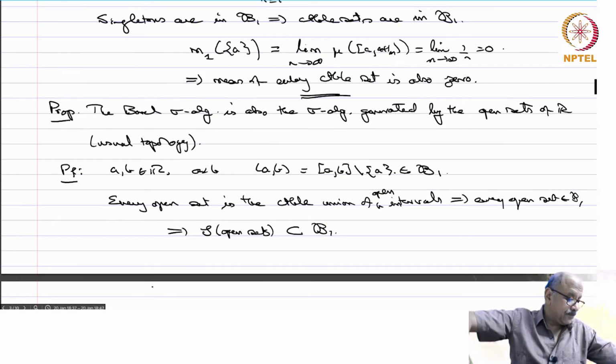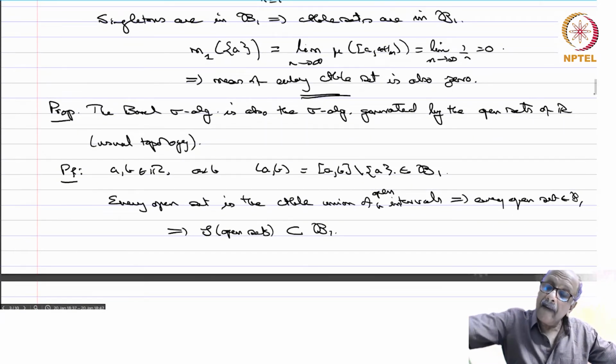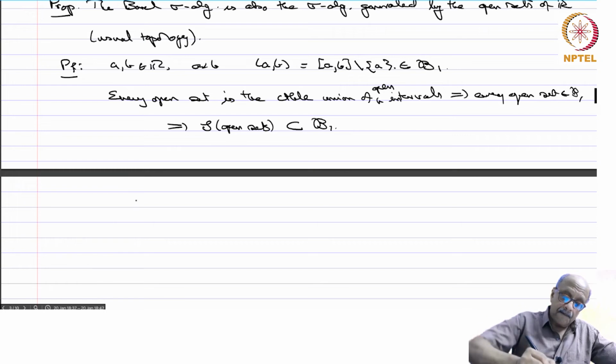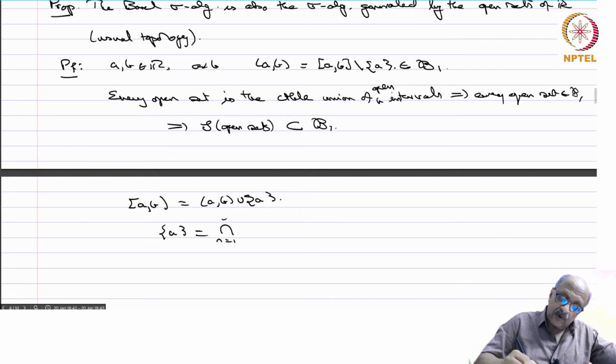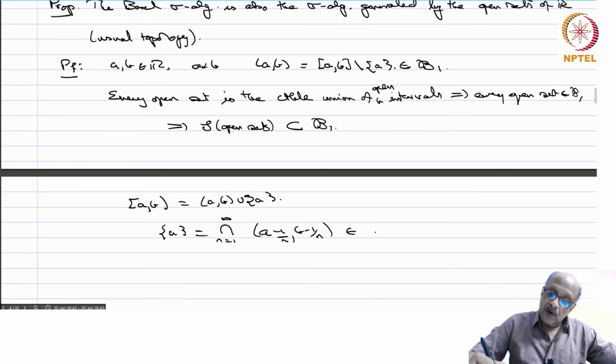Conversely, (a, b] equals (a, b) union singleton {a}, and singleton {a} is the intersection, n equals 1 to infinity, of (a - 1/n, b - 1/n). So this belongs to S of open sets.